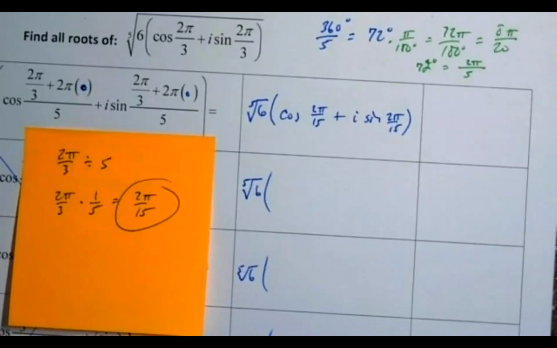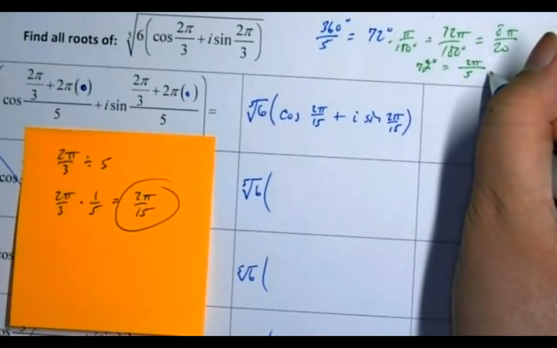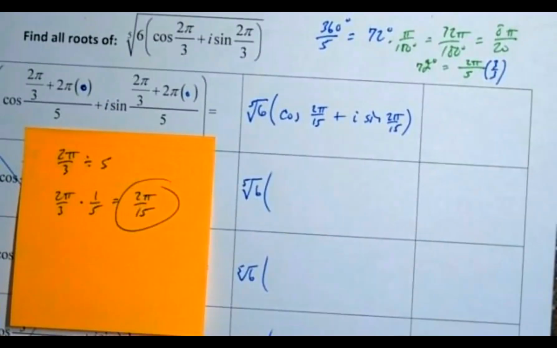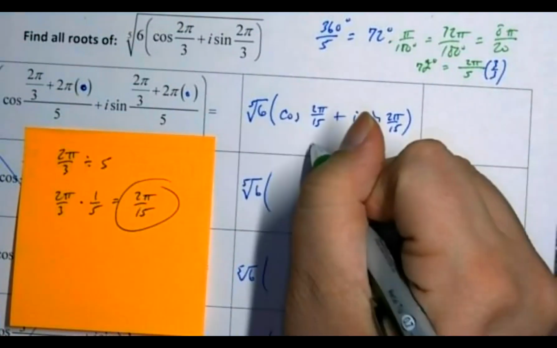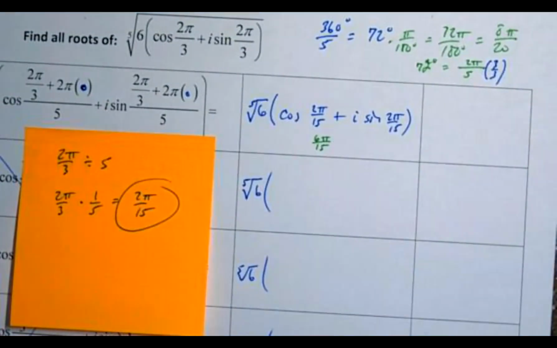All right. My denominator is 15, so I'm going to take that 2 pi over 5 and multiply it by 3 over 3. So I'm going to add 6 pi over 15 each time.